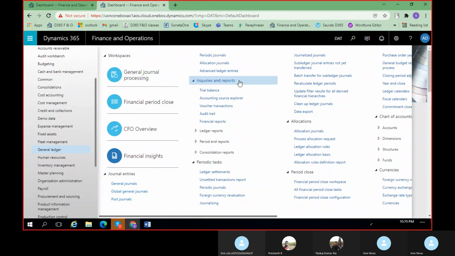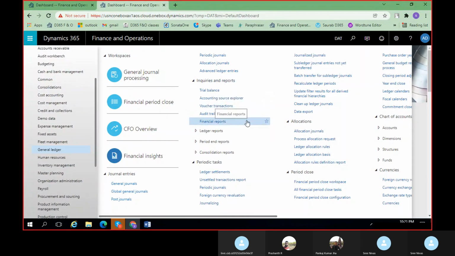And the inquiries and reports, I was telling, right, how to prepare the trial balance, or how to pull voucher related transactions. Since we'll be creating a number of transactions, if you want to pull reports as per the vouchers, you can click on this one. We'll discuss in depth under the inquiries and reports topic.